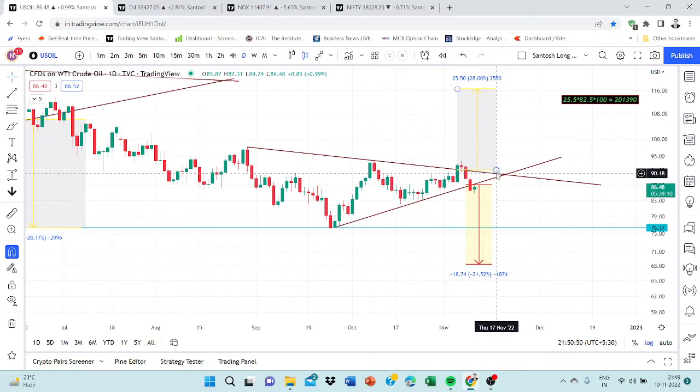My stop loss point was this, 90.18. I was supposed to wait till this point, but as you can see, the candle closed the day before yesterday and the price entered below this level.